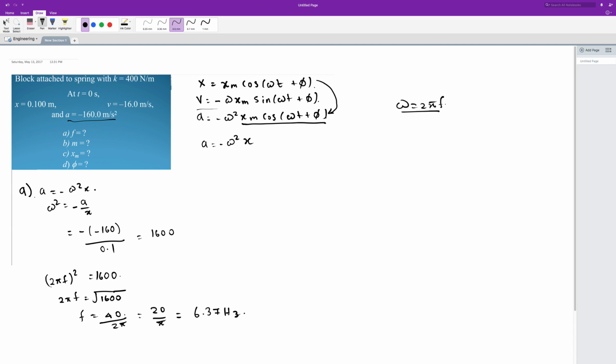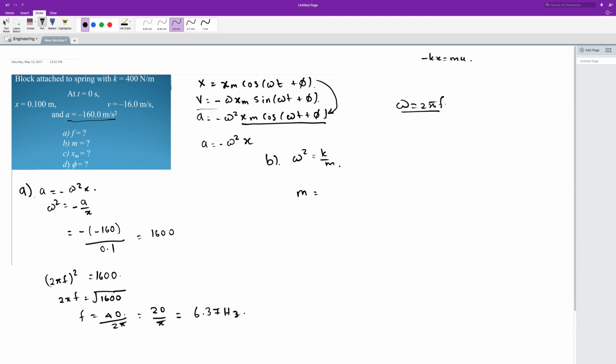Now we have the B part. There are so many relationships we can form. We can also create this equation, minus kx is equal to ma, or we can use omega square is equal to k over m. Since we have omega square is equal to 1600, we can use that one. Let's bring the mass to the other side.